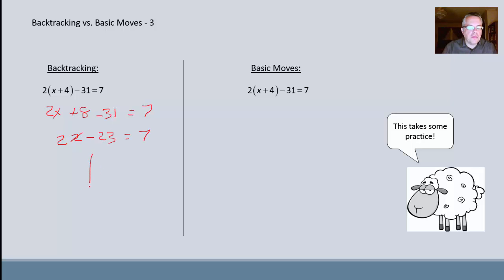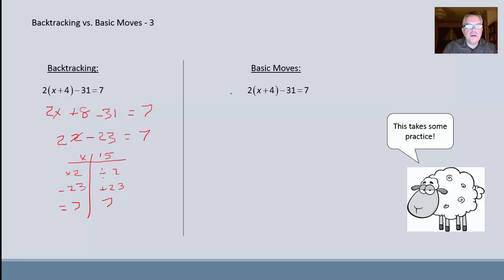I'll do backtrack. But either way, they start the same in this problem. So we have x, we're multiplying by 2, we're subtracting 23, and it equals 7. So we're going to do 7 plus 23 divided by 2, and you get 15.